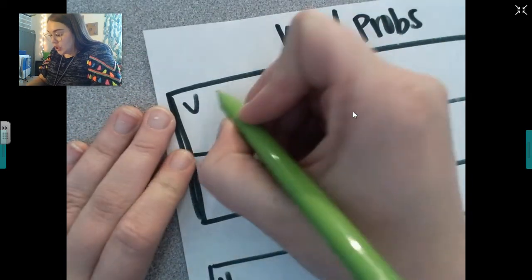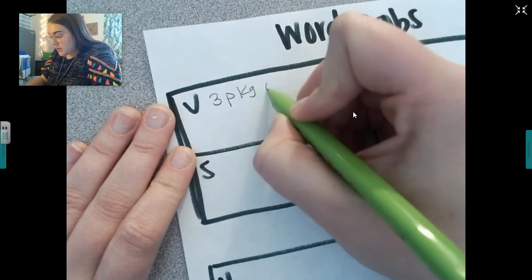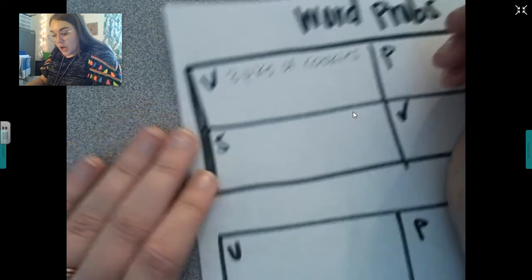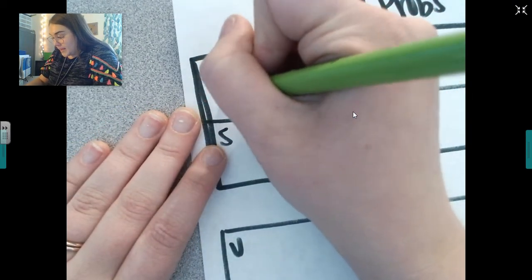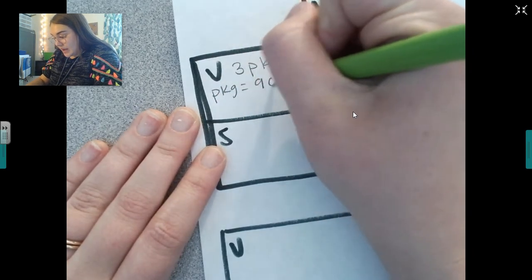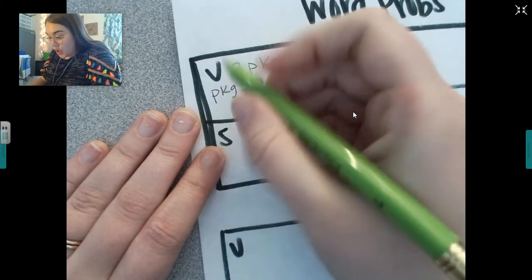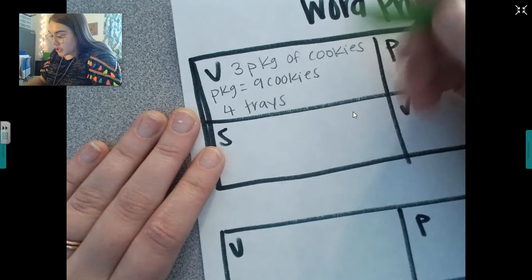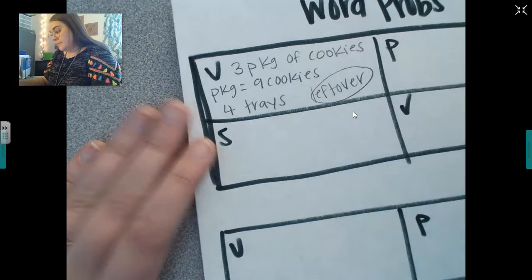So, let's understand this. She has 3 packages of cookies, right? Each package, so a package equals 9 cookies. She put all of the cookies into 4 trays. And she wants to know how many are left over.